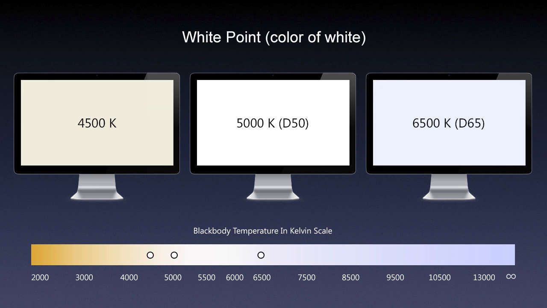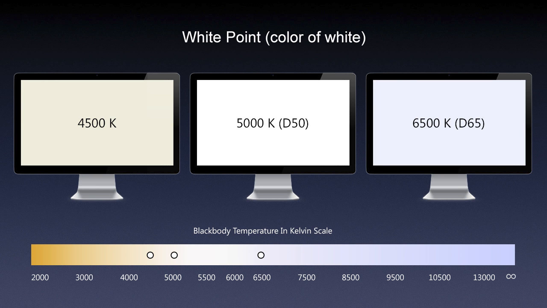So for example, the ISO standard for printing and viewing prints, well, they recommend 5000K. If you're preparing for the web, or just a general environment, they recommend 6500K or D65.